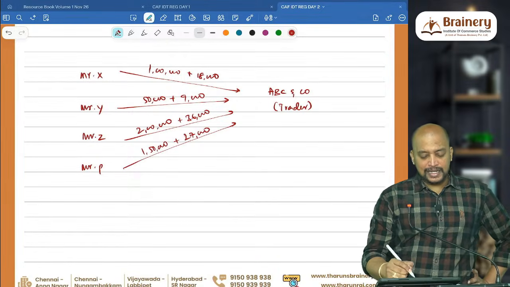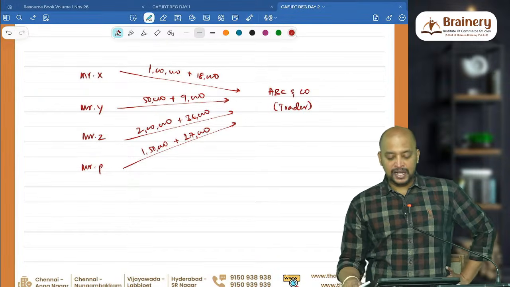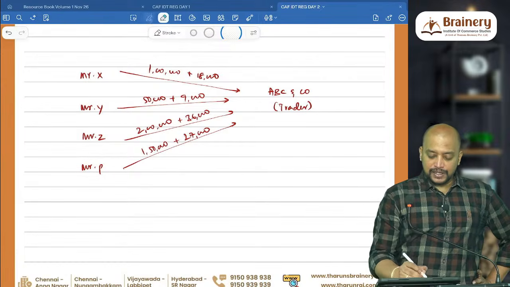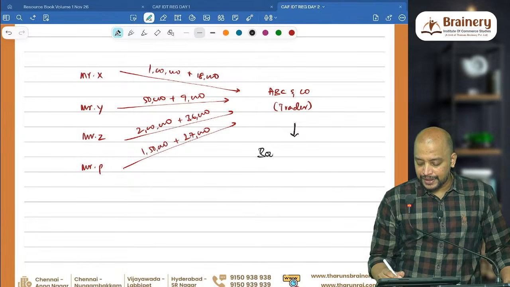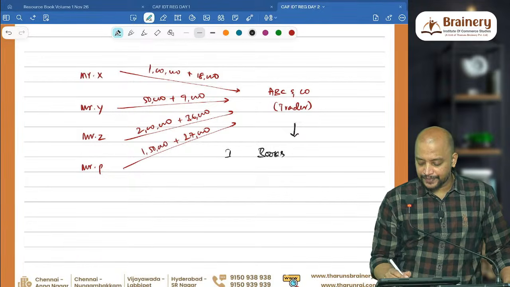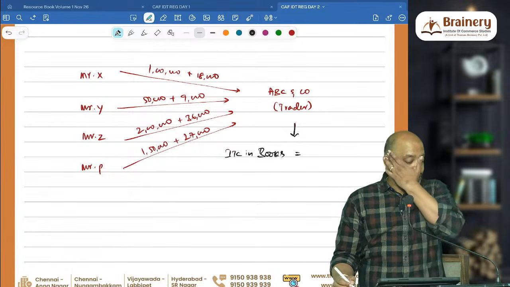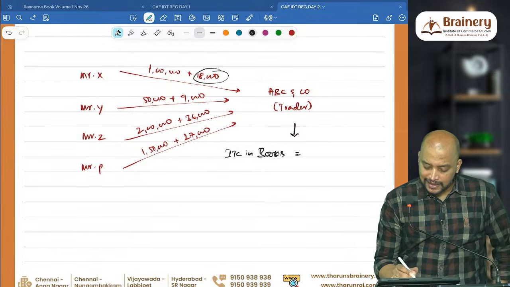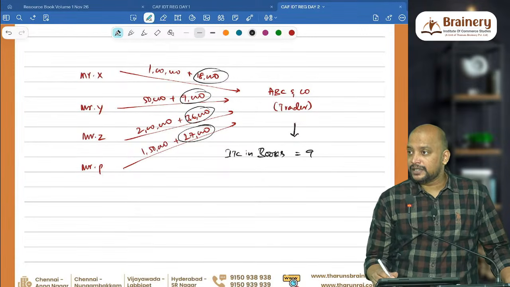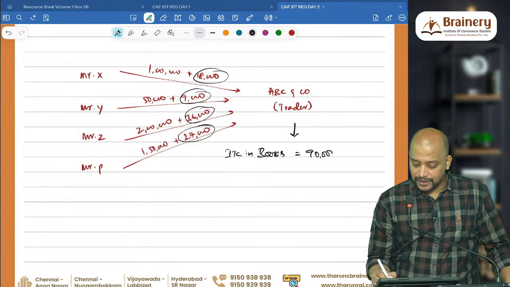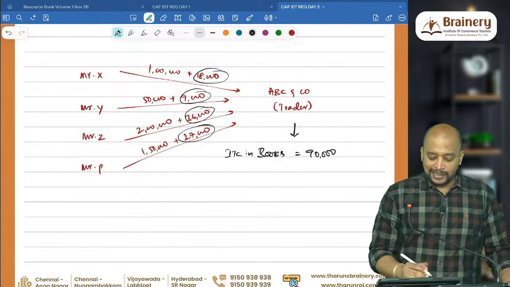Like that they have given invoices. In your books, ABC and company's books, what is the ITC? What is the ITC as per your books? 18 plus 9 plus 36 plus 27, that is 90,000. 90,000.